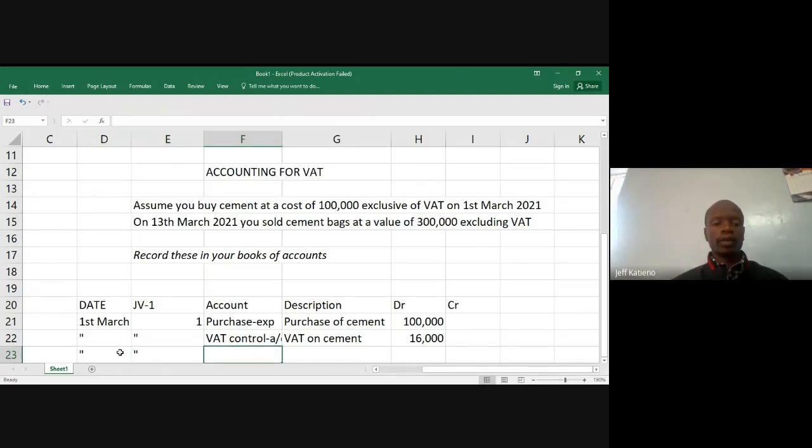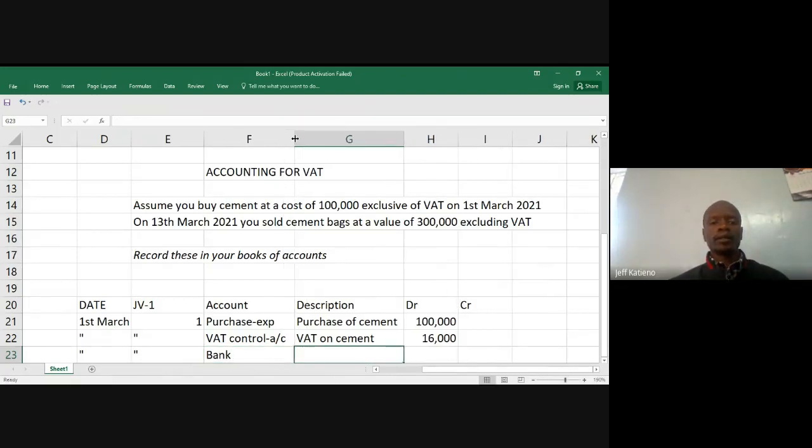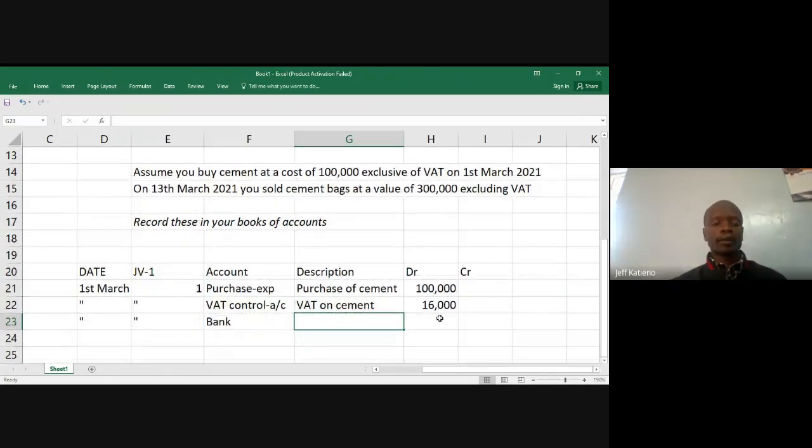So then the cash that you will pay on the same date will be like that. And then this will be bank account. So you will credit bank account because money has left your bank account.